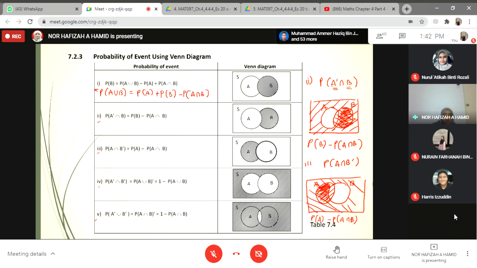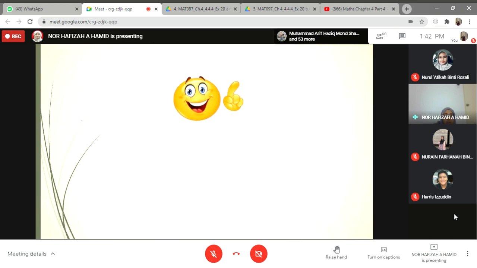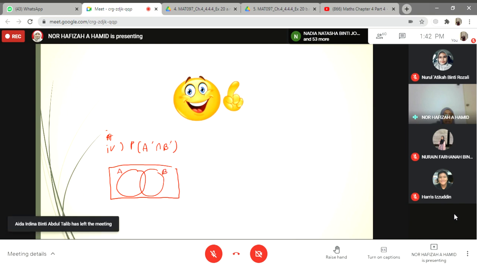Kalau number 4, you nak calculate probability of A complement intersect with B complement. Kalau based on Venn diagram, event A and B. A complement elemen selain daripada A, yang ini for A complement.